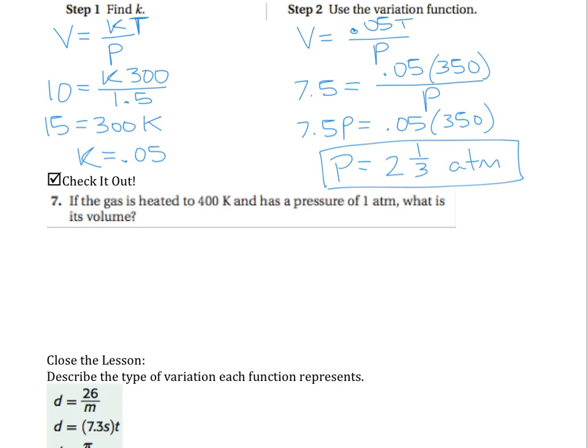And trying one more. If the gas is heated to 400 K, so we're using the same variation function that we just created, and I'm trying to find volume when the temperature is 400 and the pressure is just 1 atmosphere.